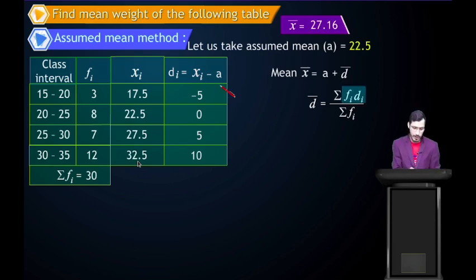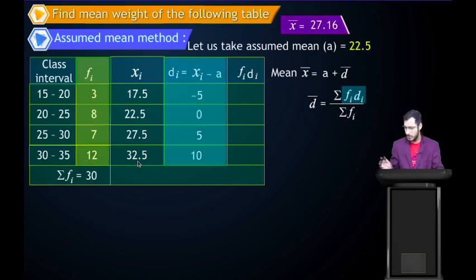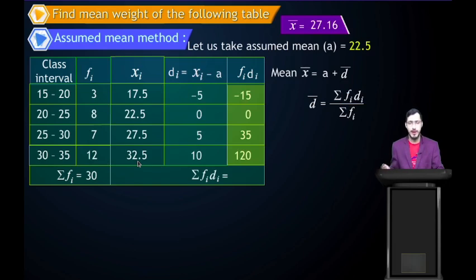That is the column of d, where d is equal to xi minus A. Now we find fi di, the multiplication of f and d. 5 times minus 3 is minus 15. In the next rows, 8 into 0 is 0, 7 into 5 is 35, and 12 into 10 is 120.